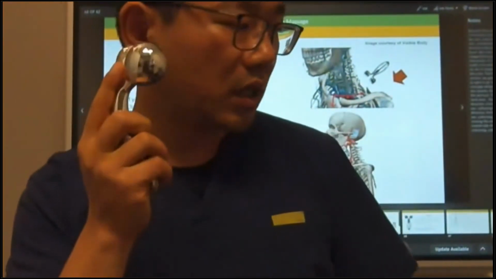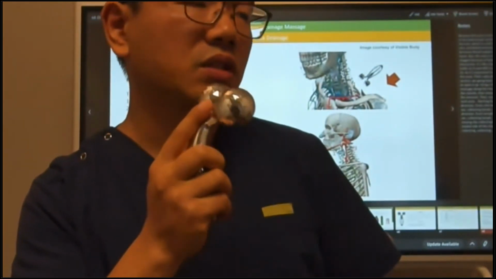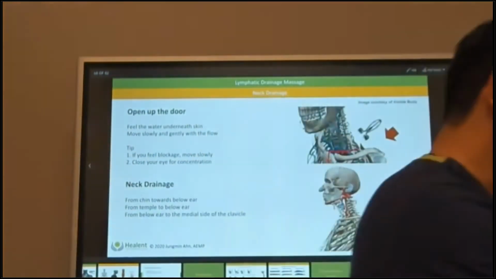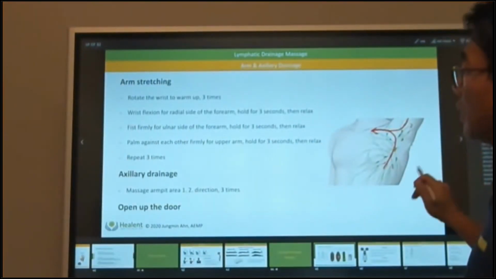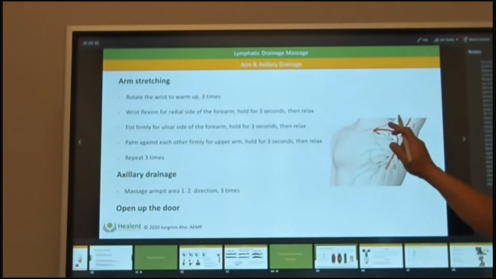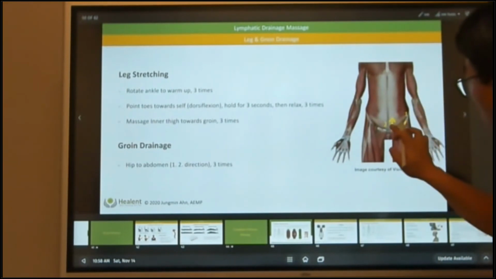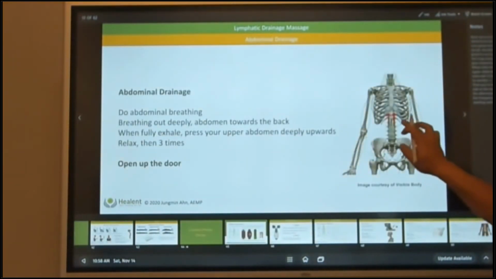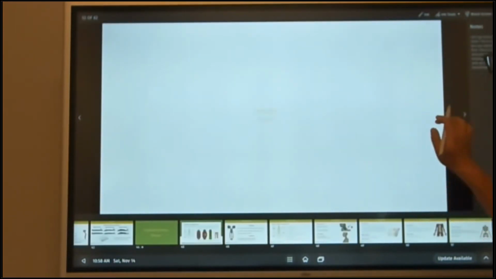So go slow and feel the water movement under the skin, and that is better. This is lymphatic drainage, and this is abdominal drainage, going this way to this way.